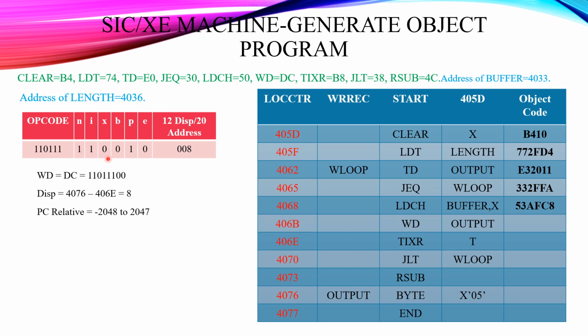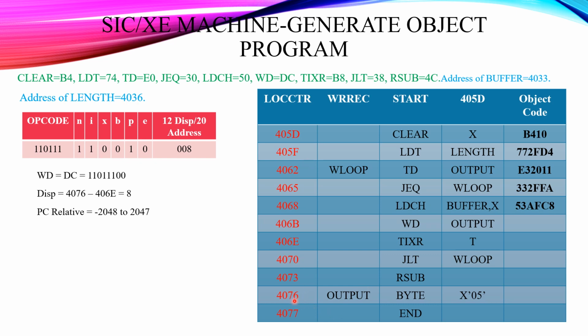We are not using any registers here, so 0. The B and P values will be decided based on PC relative. The E value, it is a format 3, so by default the E value will be 0. The displacement is 4076, where the output value is 4076 in this table.